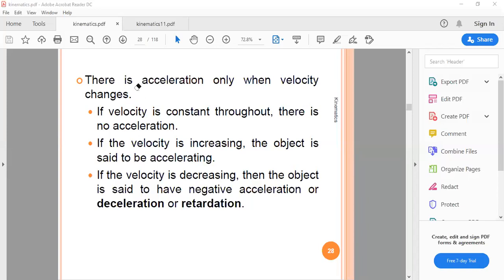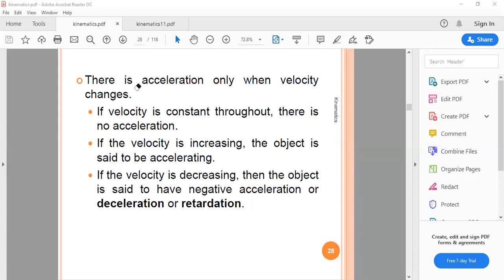Now we learned that acceleration only happens when there is a change in velocity. If there is no change in velocity, the car is going at a constant speed, so there would be no acceleration. That is point number one.